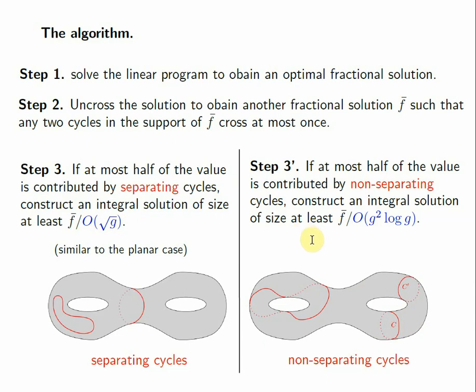We will construct here another integral solution whose support contains only non-separating cycles and whose size is at least the value of the maximum fractional solution divided by big O of g squared times log g. In particular, this case appears as the bottleneck in the overall approximation ratio. I will now give details of each of these steps one by one.